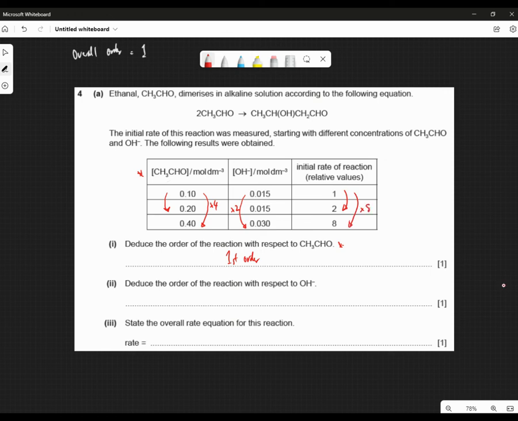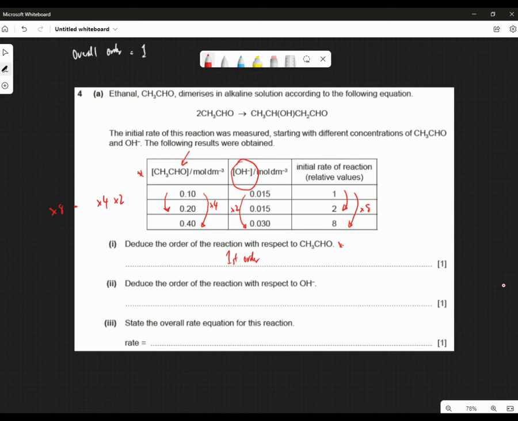Okay, so the contribution of the ethanol is a times 4 of the rate. Therefore, because the overall rate changes by times 8, the contribution by the OH minus must be times 2. So I've multiplied the concentration of OH minus ions by 2, and therefore its contribution to the rate must also have been times 2. All right, if you don't understand that, I'll do more on that.